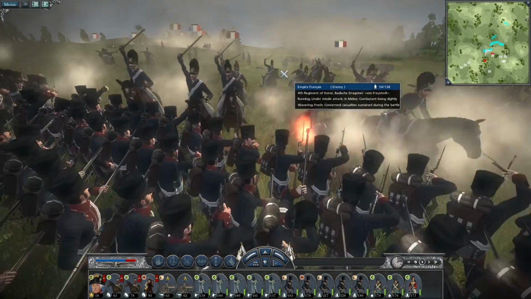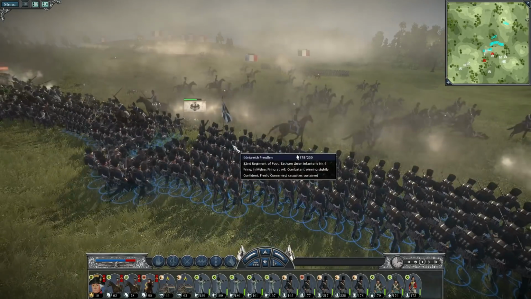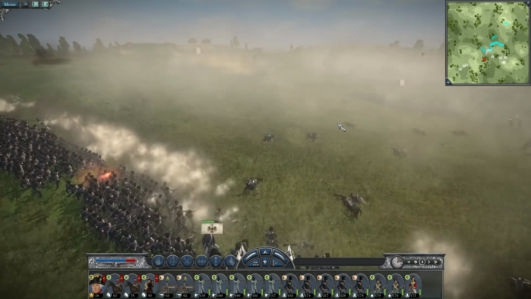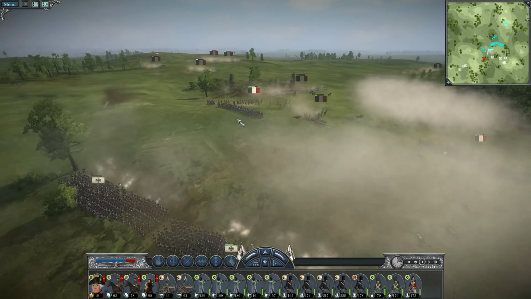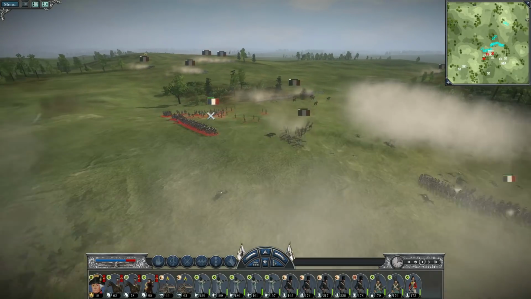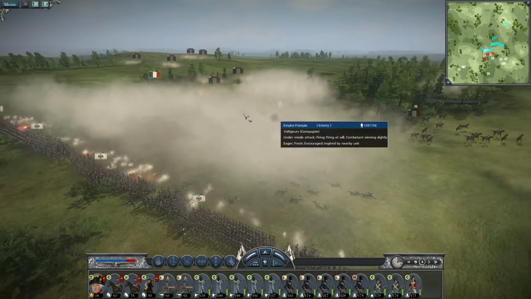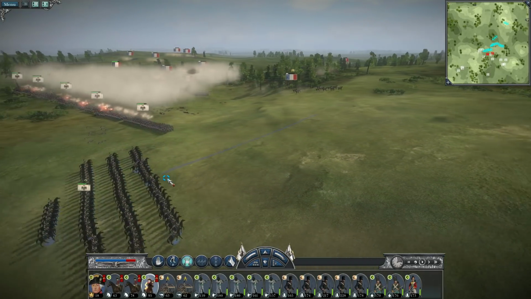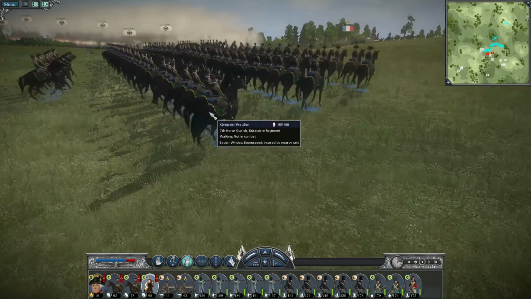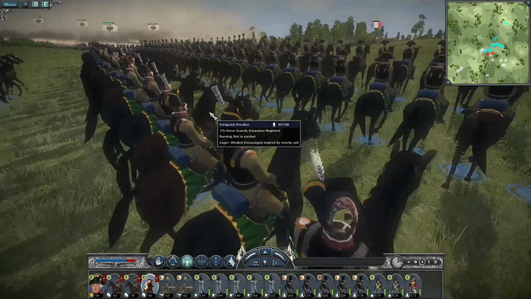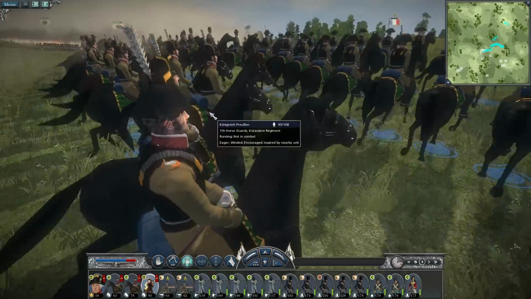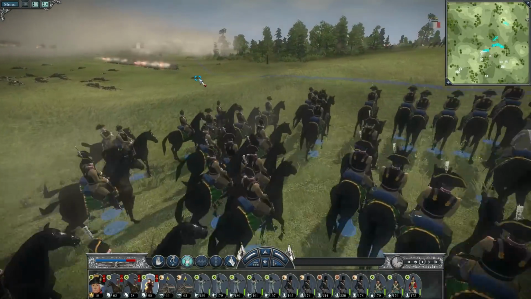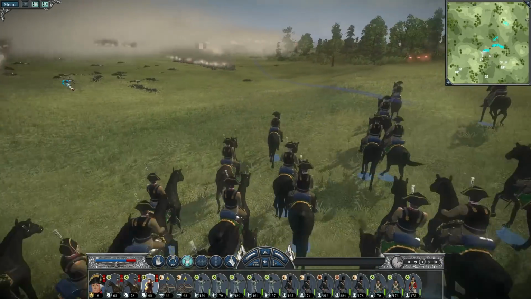Badischen cavalry. They do a head-on charge, but yeah, that's what happens. I've got lots of light foot doing us a hurt. However, we've got the cuirassiers. The guard cavalry has turned up and will turn on the flank.